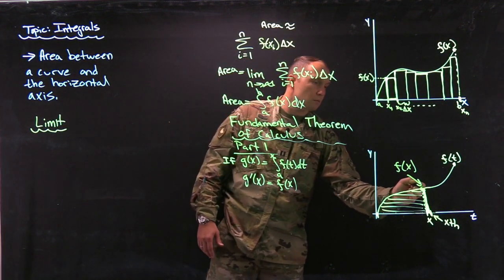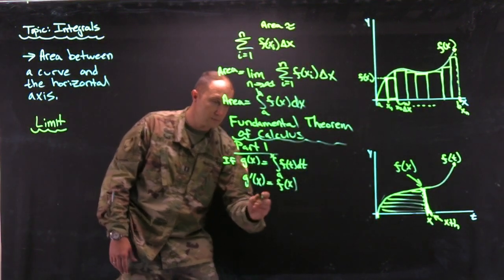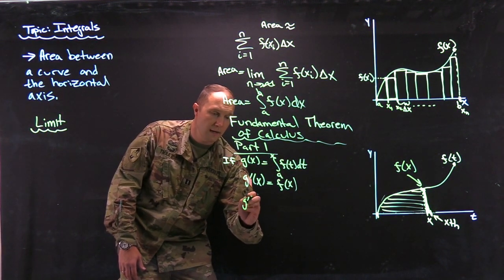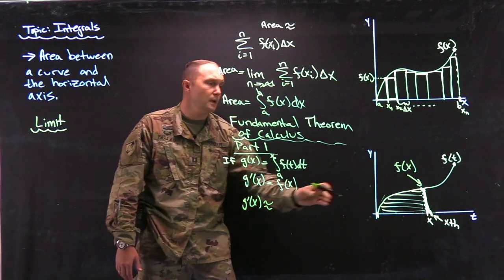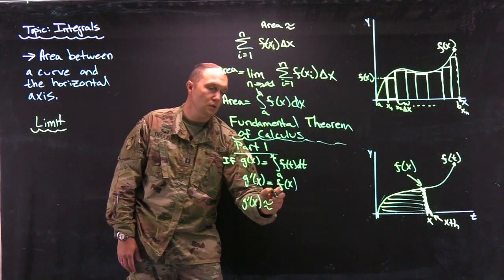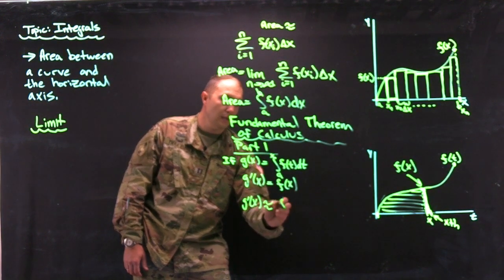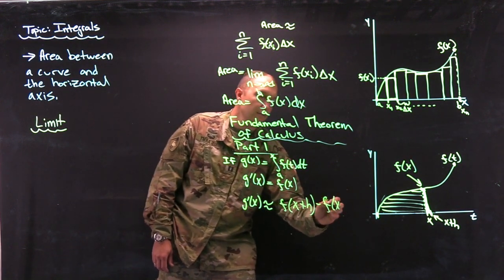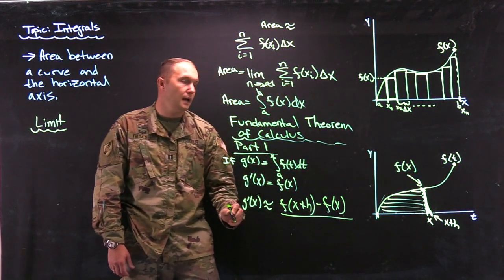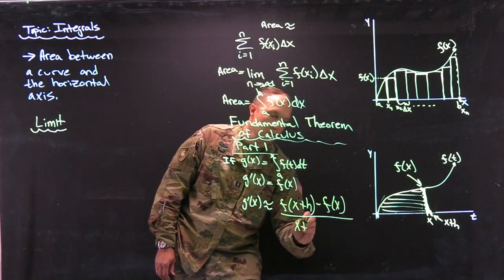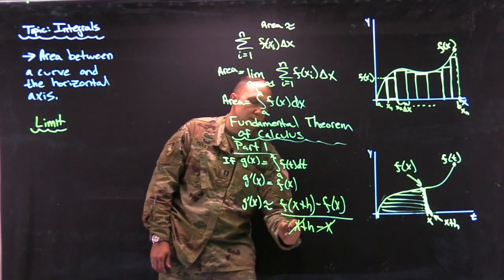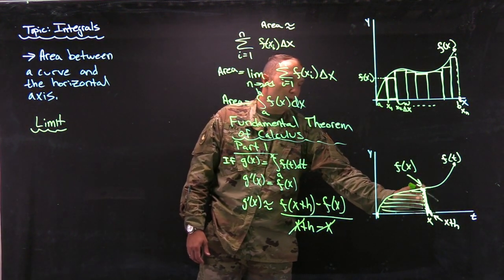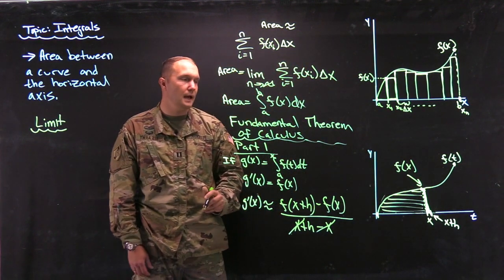So how do we determine this g prime of x? Well, we are going to say then that g prime of x is roughly equal to the amount of area we're adding into this, which would be defined as f of x plus h minus f of x divided by x plus h minus x. And notice these x's cancel out. So this has given us the amount of rectangle that's being added.